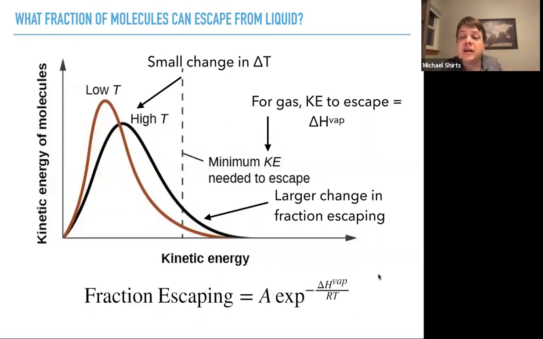As the temperature gets higher, the fraction escaping gets larger, and it goes up exponentially. So a small change in temperature results in a large change in what can escape. I'm not justifying that it's exactly exponential, that we're dividing by RT, but I am justifying that a small change in temperature results in an exponentially larger amount coming out.